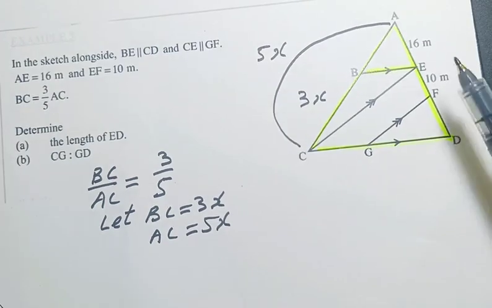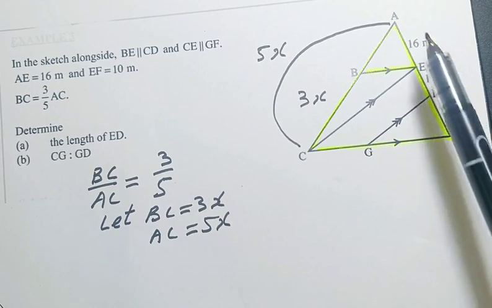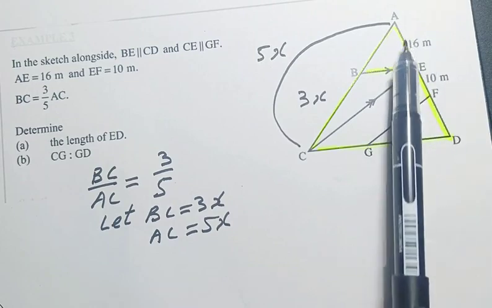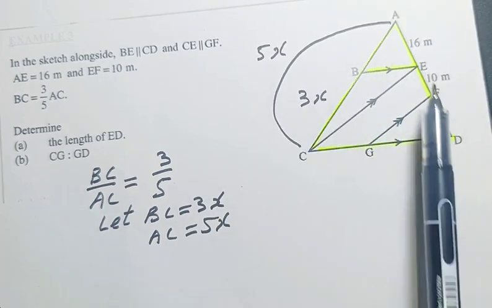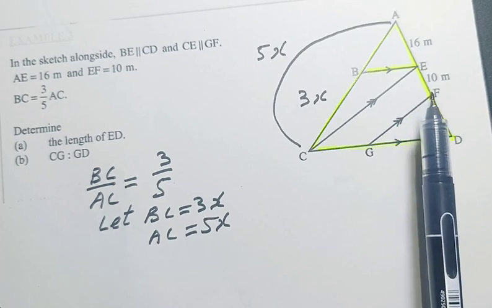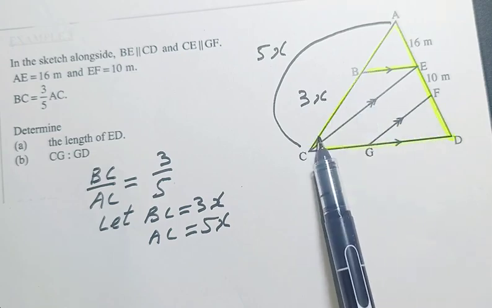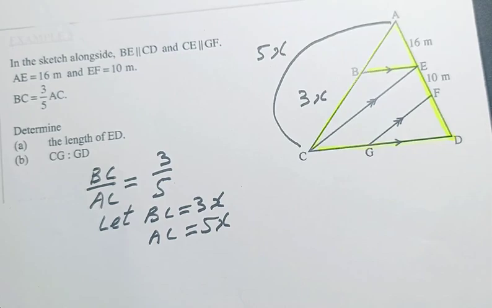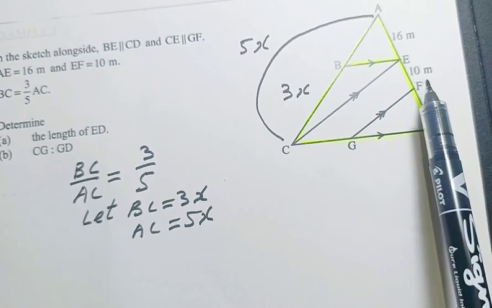So we need to find the ED. I'm gonna use ED over AE because I do have AE, 16. ED over AE, and then obviously I have to match it on the left hand side, so it's gonna be BC over AB. Have a look. Whatever side you need to obtain, you're gonna start first from that side.